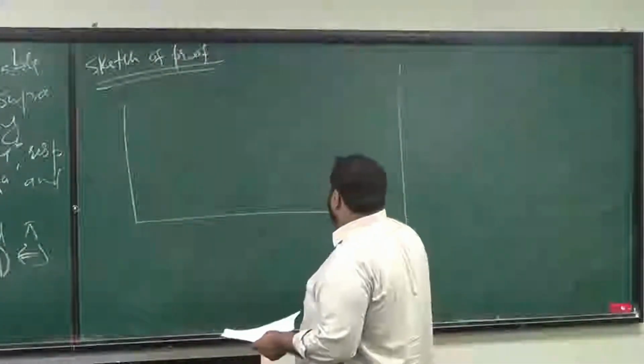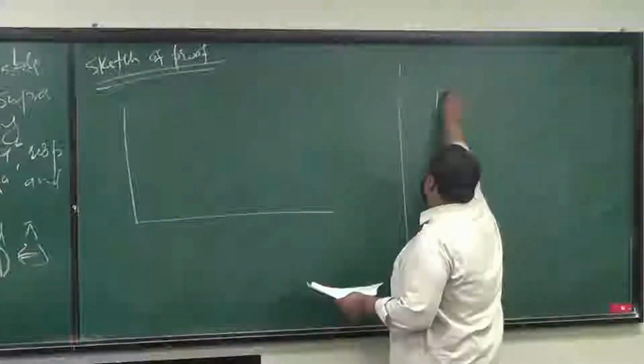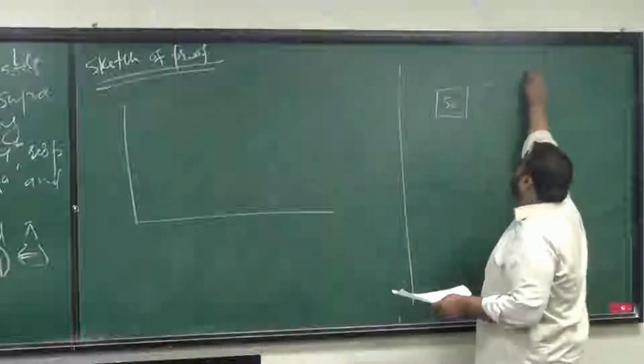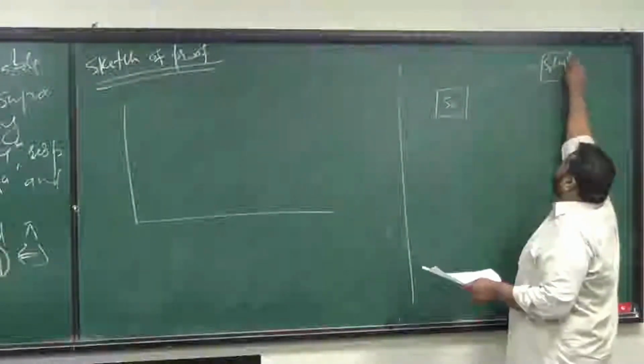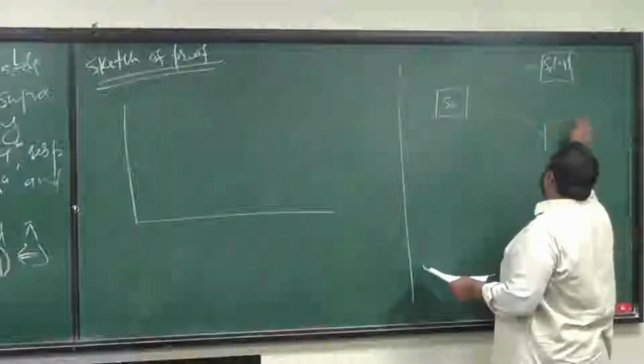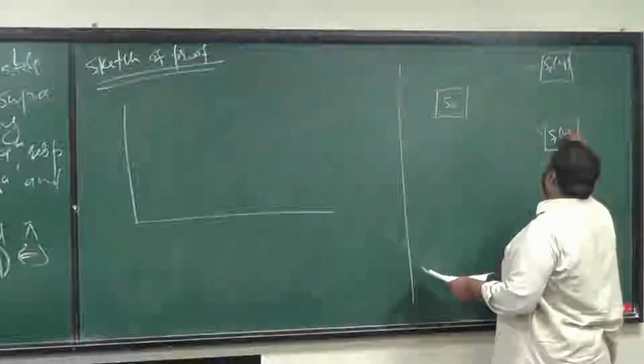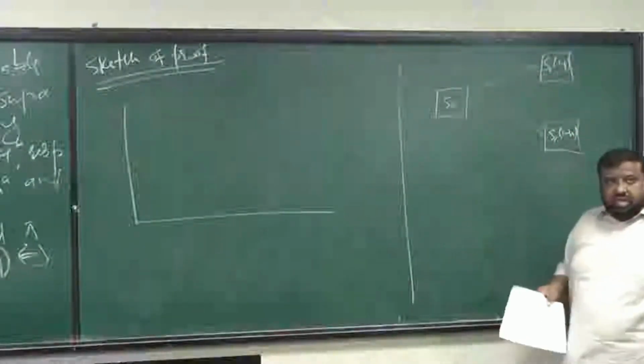Okay, so since I have such a model, I have S mod and it can be S from omega 1 till S from omega n. Okay?